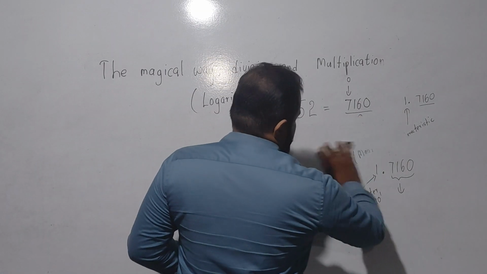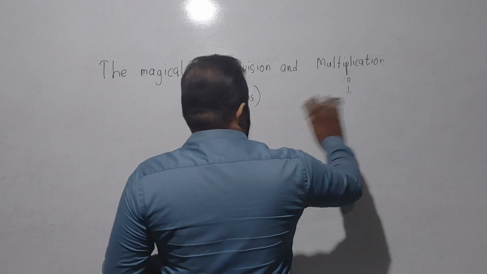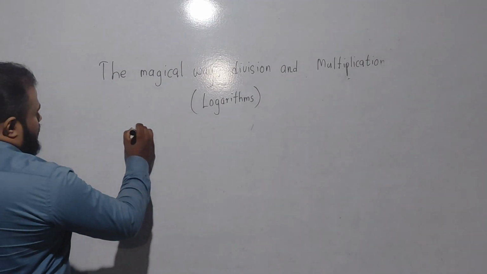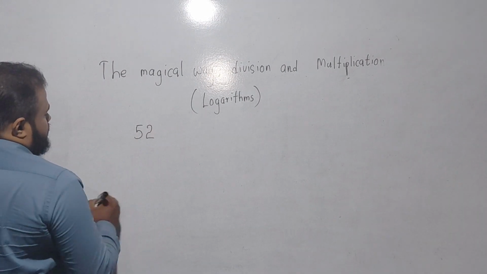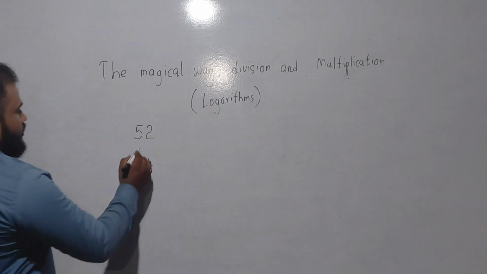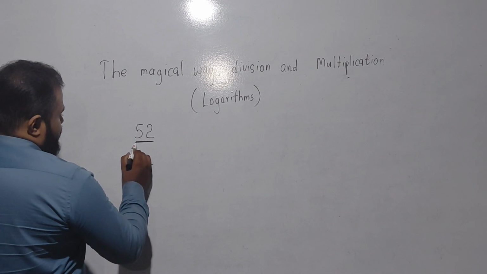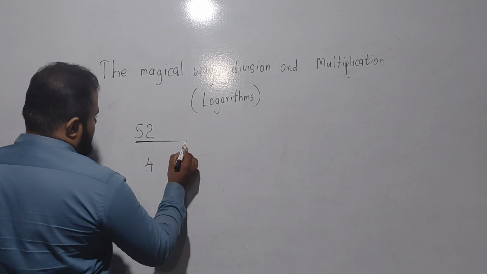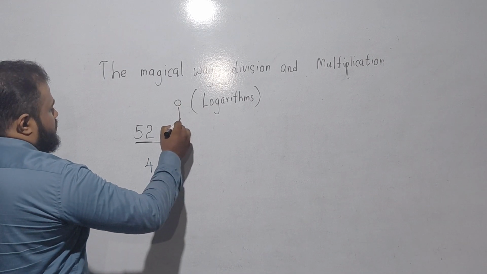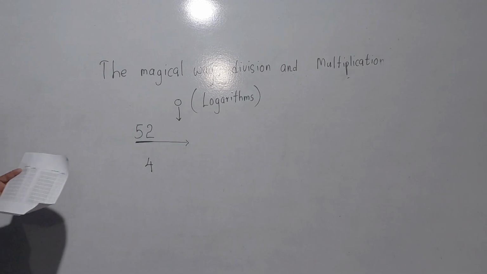I will use 52 and 4. To find the log value of 52, what do we have to do? We have to go horizontally from 52 and go vertically from 0. 52, 0 will give you 7160.